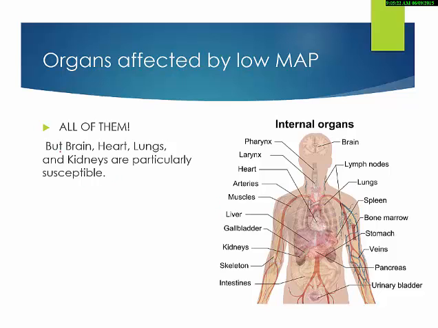However, your brain is one of the specific organs that's really affected by drops in blood pressure. So brain, heart, lungs, basically any of your really high metabolizing organs are going to be affected by this. And what do we see in people who have low blood pressure whose brain is not perfusing? Well, in shock situations, we're going to see syncope, people passing out. We're going to see anxiety, right?